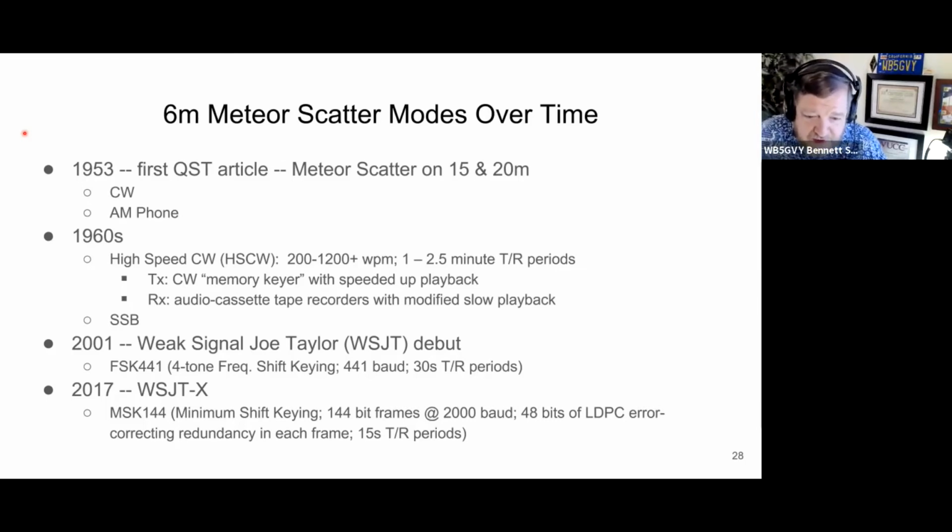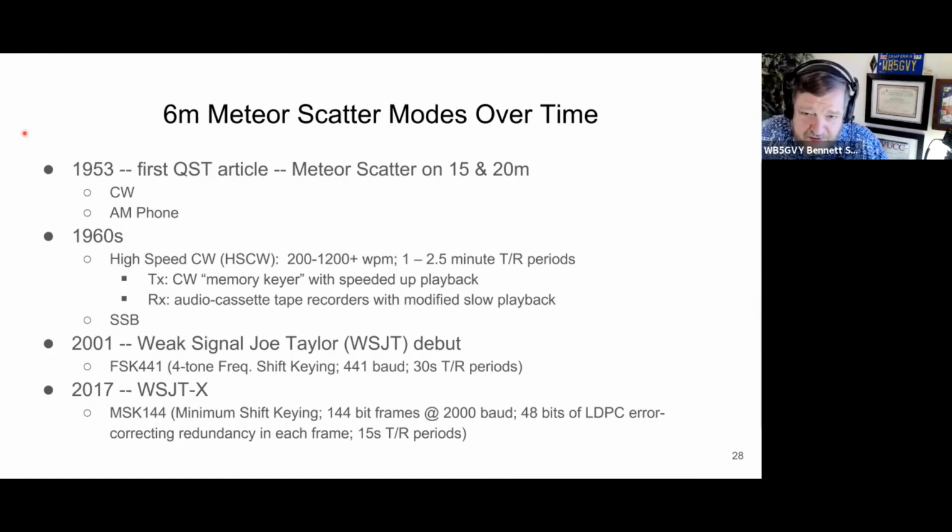In 2017, the WSJT-X software suite introduced what's the main mode of meteor scatter nowadays, which is called MSK144. The MSK stands for minimum shift keying. It has 144-bit frames, and from that is where they get the name. It's actually at 2000 baud. The interesting thing about MSK144 is that it uses high-tech error correction.